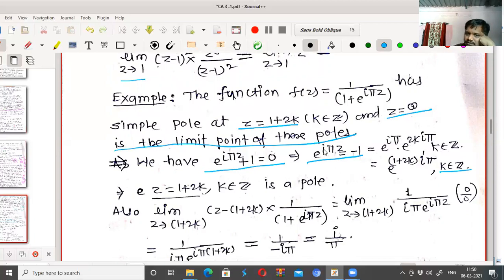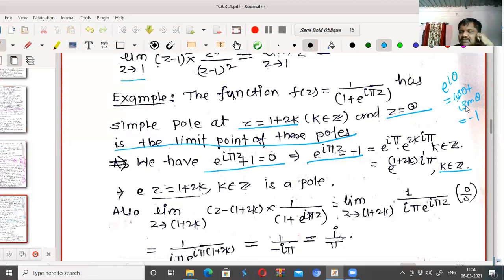We know that e to the power i theta is cos theta plus i sin theta. Now when will e to the power i theta be minus 1? For which value of theta is it minus 1?